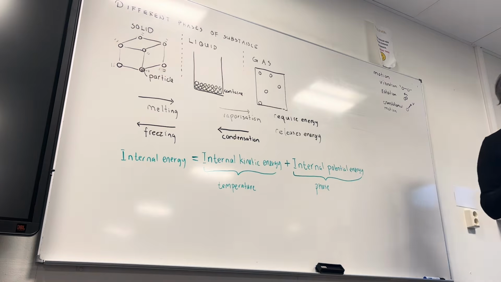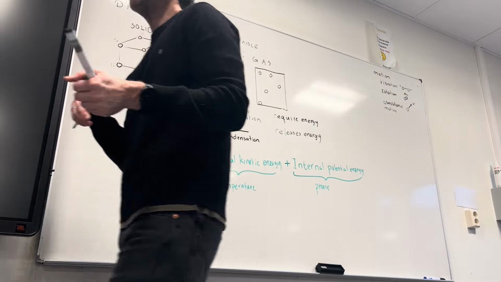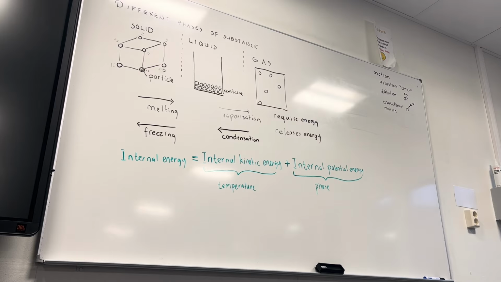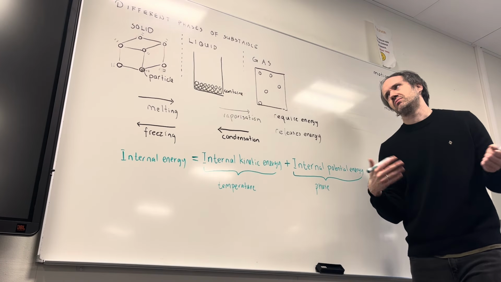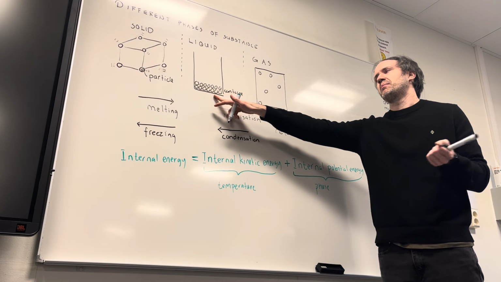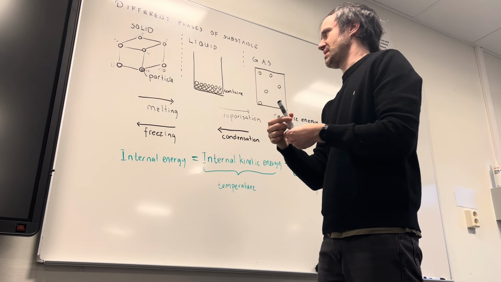It has to do with the distance between the particles. So a liquid at 100 degrees Celsius and a gas at 100 degrees Celsius do not have the same internal energy. We now assume that we have the same amount of particles, and otherwise it's similar.